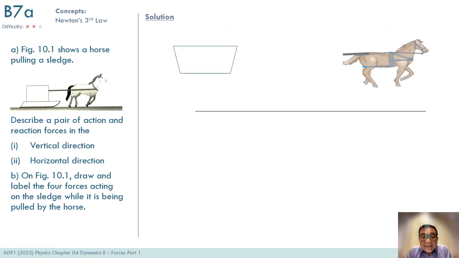Okay, moving on, we can also apply the same technique to find pair forces in the horizontal direction. So let's just start with one of the forces, which is the pulling force by the horse on the sleigh.